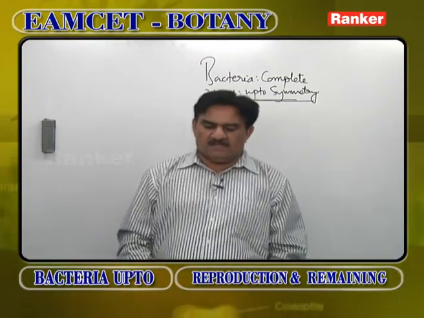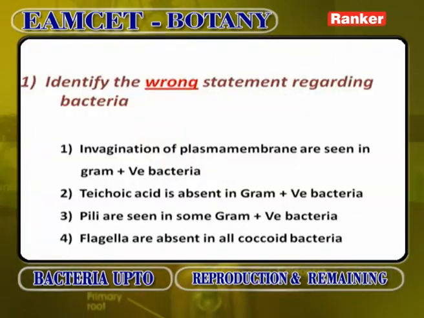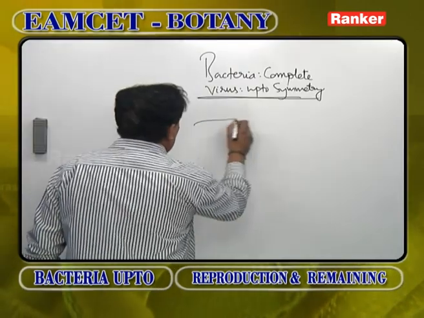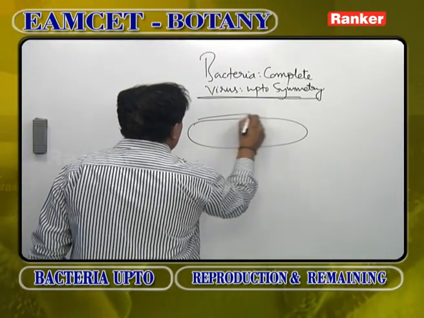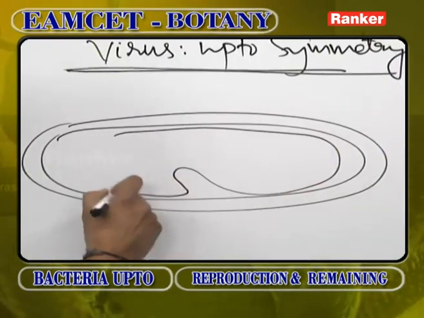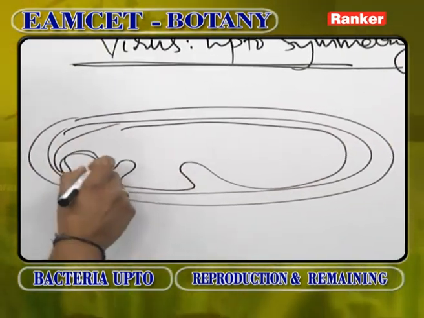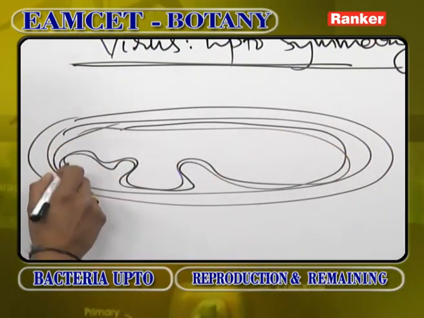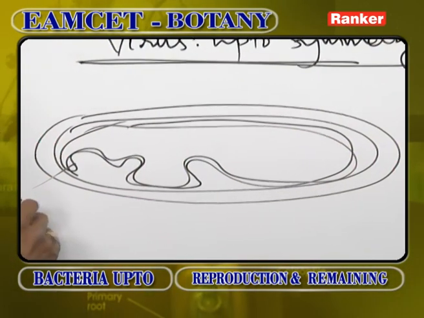First, identify the wrong statement regarding bacteria. Invagination of plasma membrane is seen in gram positive bacteria. It is correct. What is the invagination of plasma membrane called? Suppose this is the bacterium, it has a cell wall, then this is the plasma membrane which shows invaginations. These invaginations of plasma membrane are popularly called mesosomes.